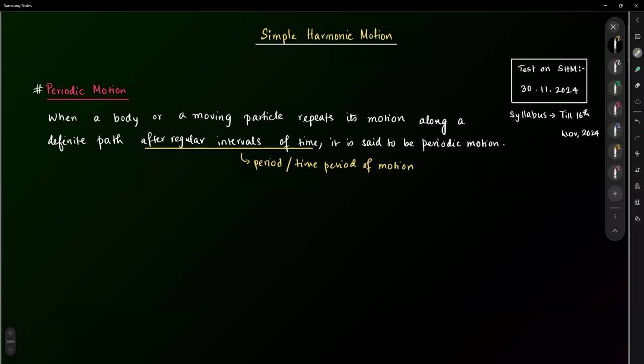Okay, right? Now, the path of periodic motion can be linear, circular, elliptical, or any other curve.